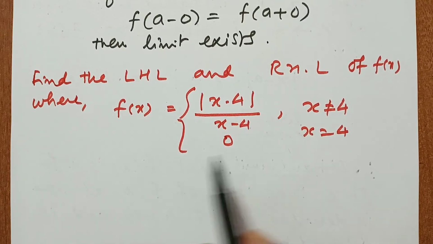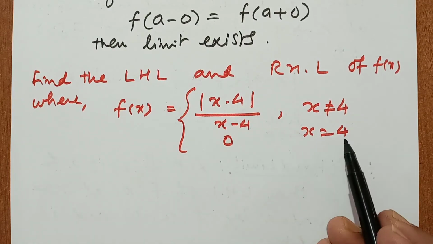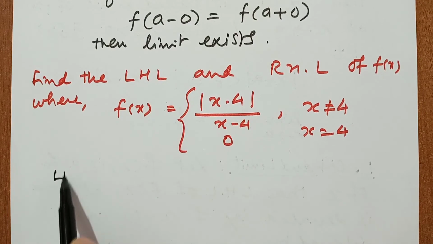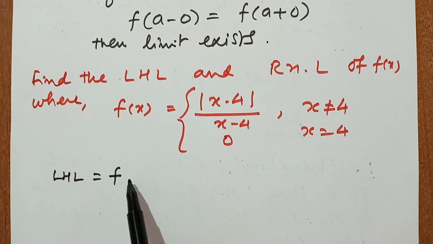Given an example: calculate the left hand limit and right hand limit. So this is a function, and I want to check at x is equal to 4 the left hand limit and right hand limit. By definition, the left hand limit is f(a minus 0), where a is 4.